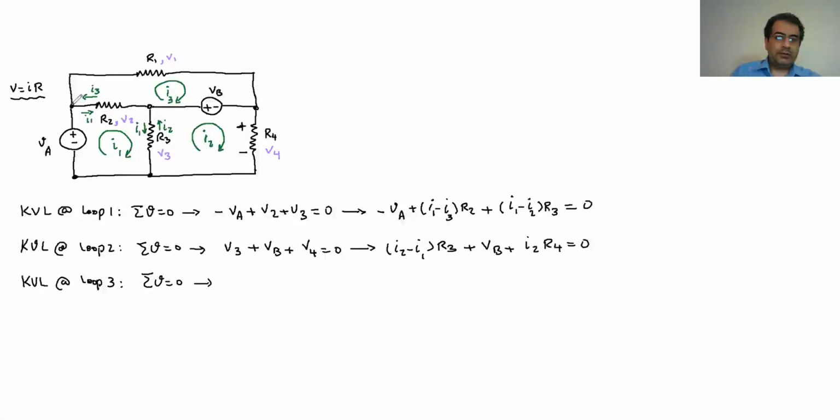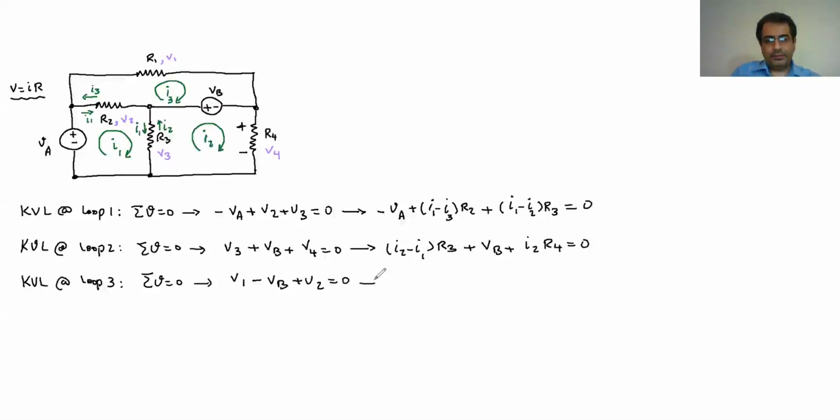So I would start from here, at this location. I'll go all the way, this one's going to be V1. Then I hit the negative sign of the VB, so it's going to be negative VB. And then I keep going, I hit V2, so it's going to be plus V2, and it's going to be 0.